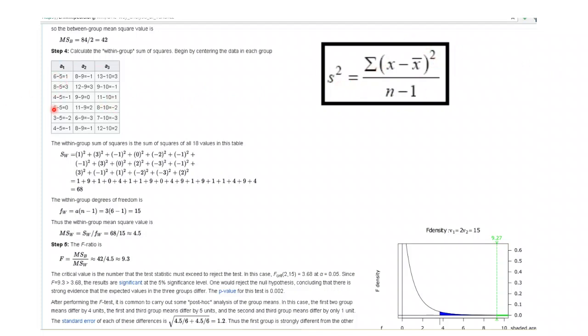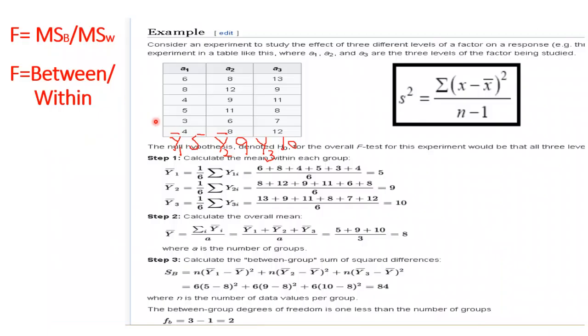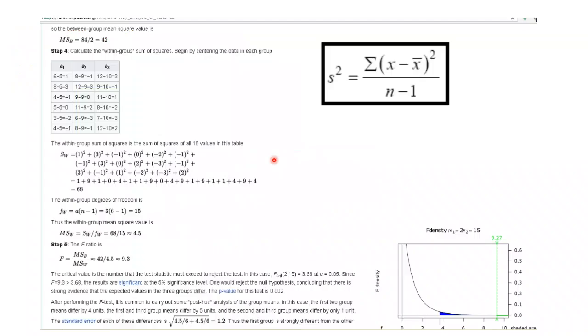Now we will calculate in this way. 6, 8, 4, 5, 3 and 4 are the entries of this group, and we want to calculate the difference from the mean: 5 is the mean for this group, 9 is the mean for this group and 10 is the mean for this group. We labeled 5 earlier as y bar 1, the mean of this one is y bar 2, and of this one is y bar 3.